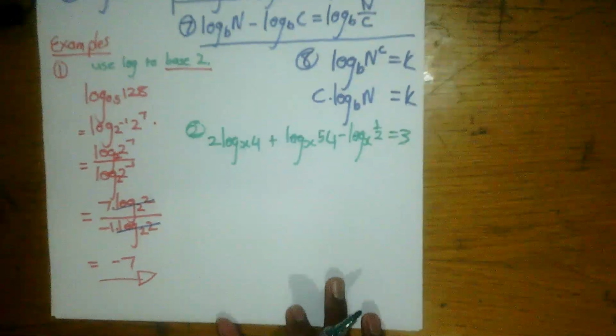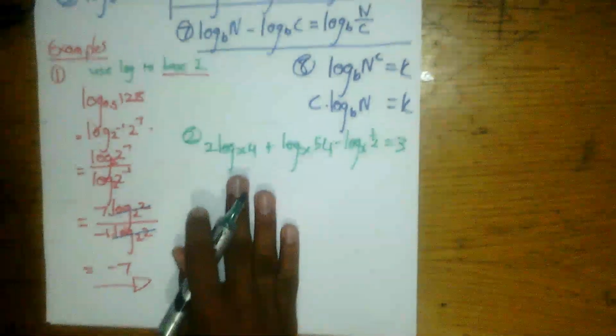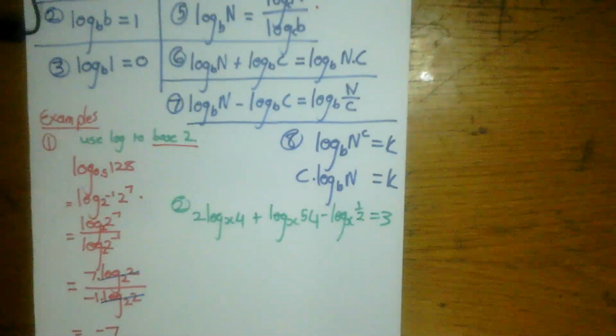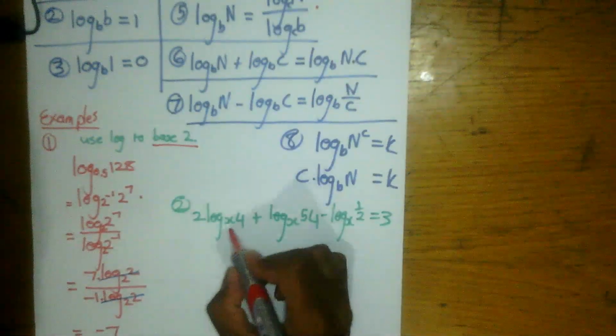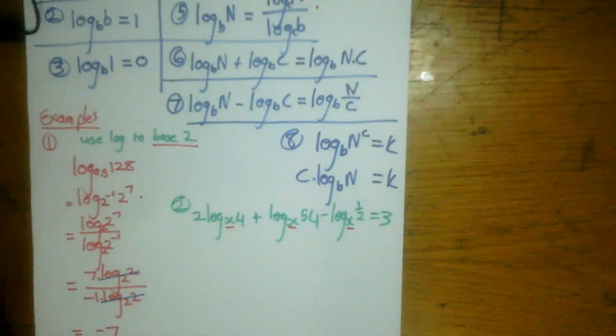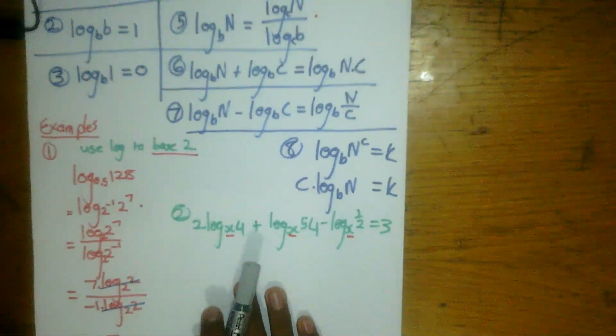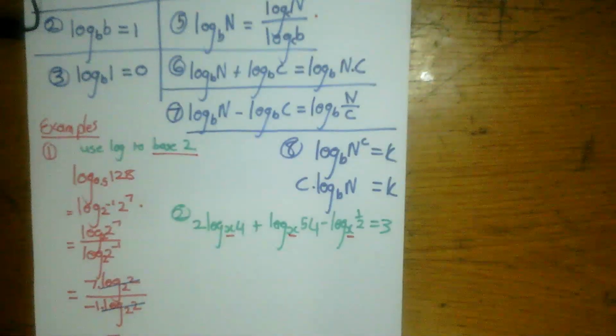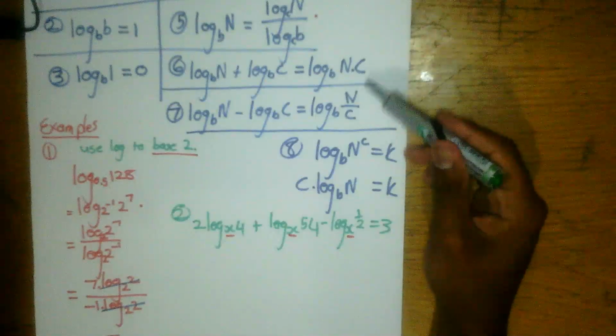So how you do this is we must recognize that the bases are all the same. That means we can go ahead and use rules 6 and 7, but we must notice that there's a combination now of both.